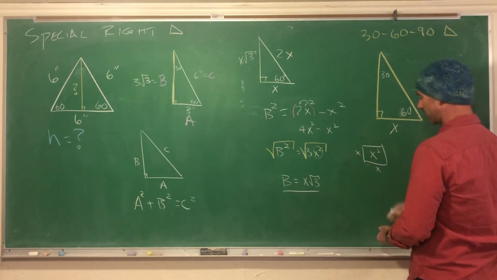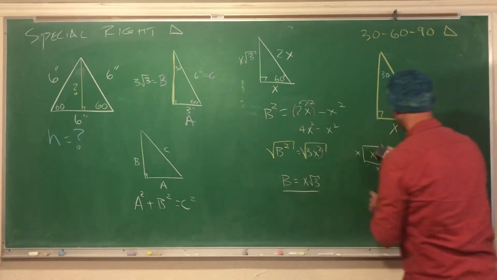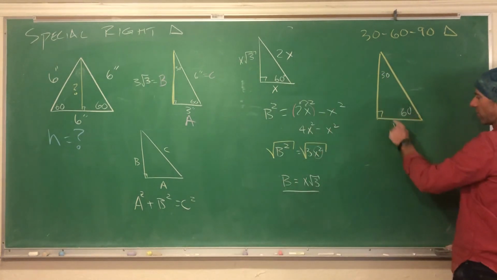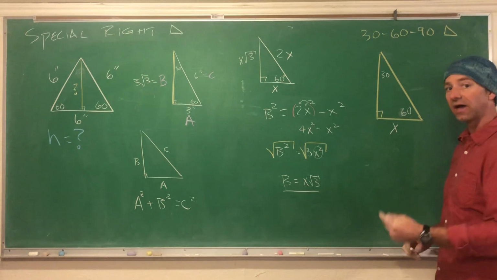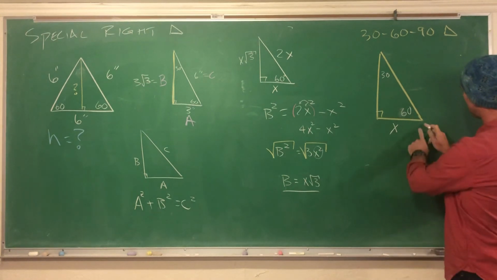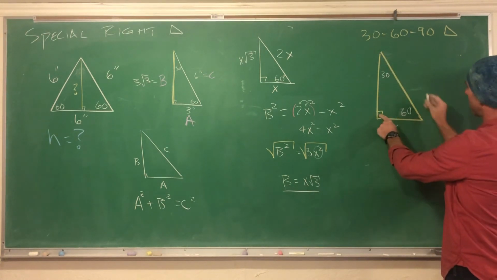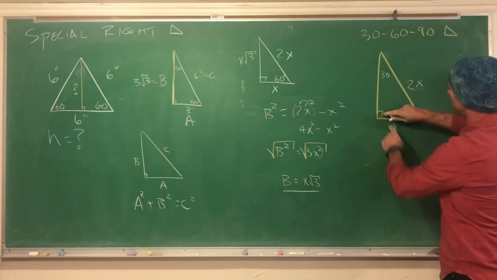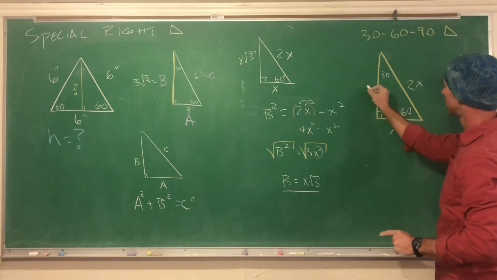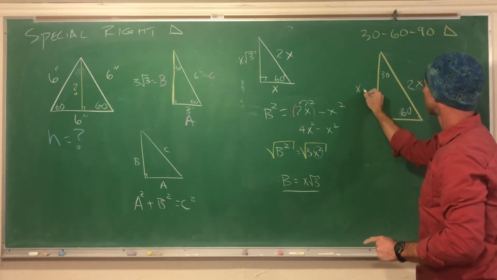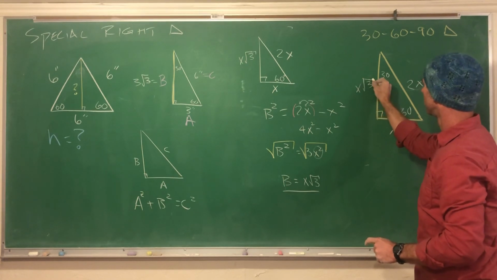The short length across from the 30 degrees is a length of x. The hypotenuse across from the 90 is 2x. And finally, this middle length across from the 60 is x times the square root of 3.